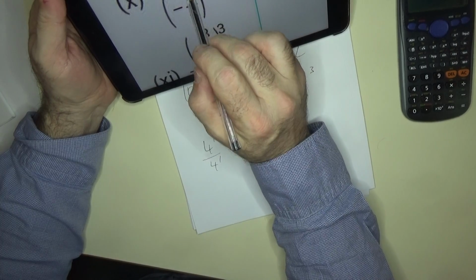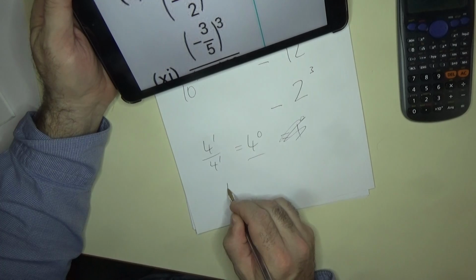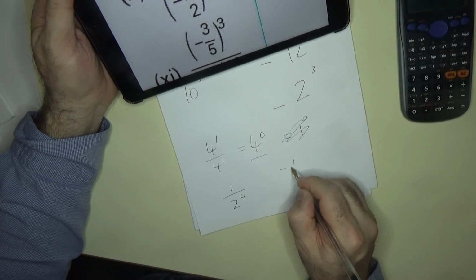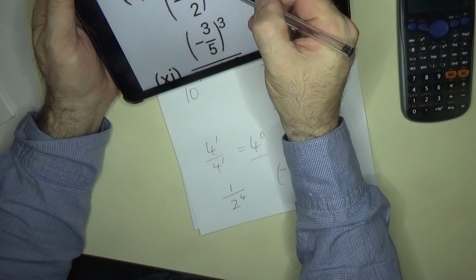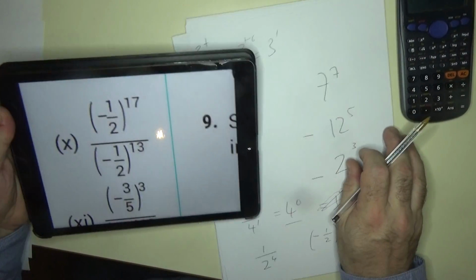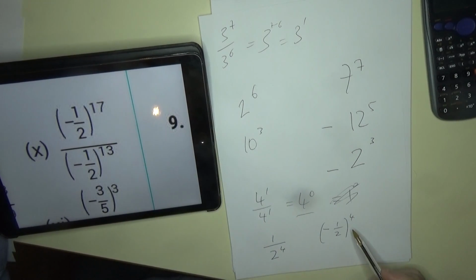Now we've got negative a half to the power of 4, which is 1 over 2 to the power of 4. Now that might kill you. There might be a lot going on there. Right, what's 17 take 13? So 17 take 13 is 4.